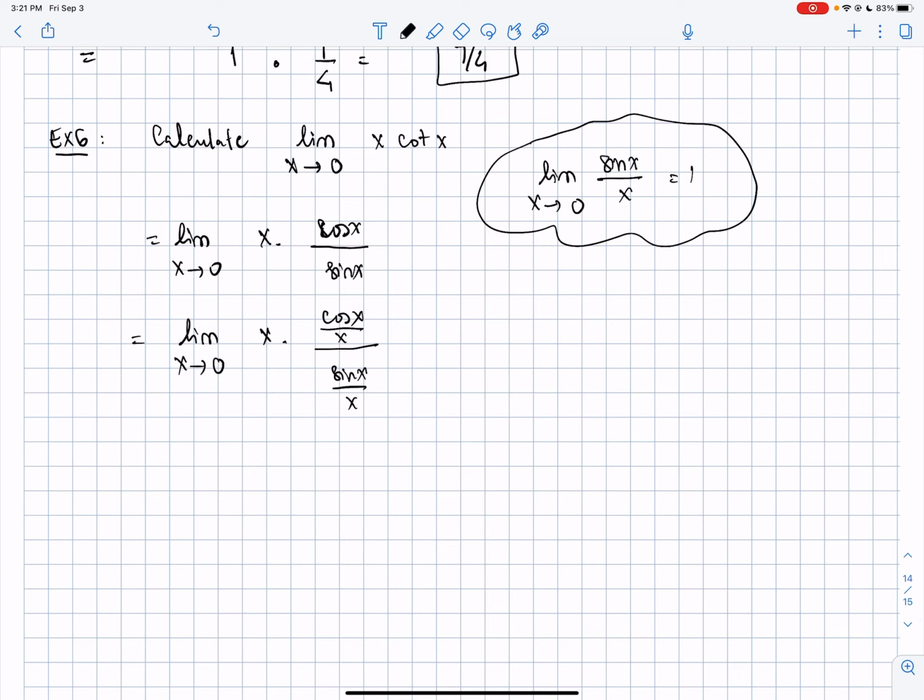Now let's simplify a little bit. As x approaches 0, on the top we have the x cancel out, so on the top we only have cosine x. In the bottom, we have sine of x over x. And now we have the quotient, so we can take the limit for top and bottom separately.